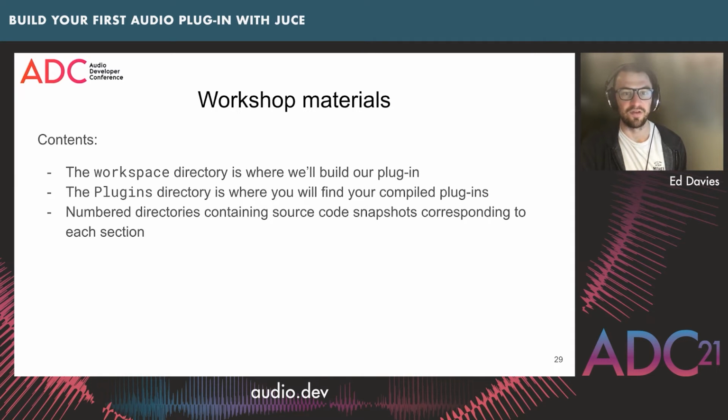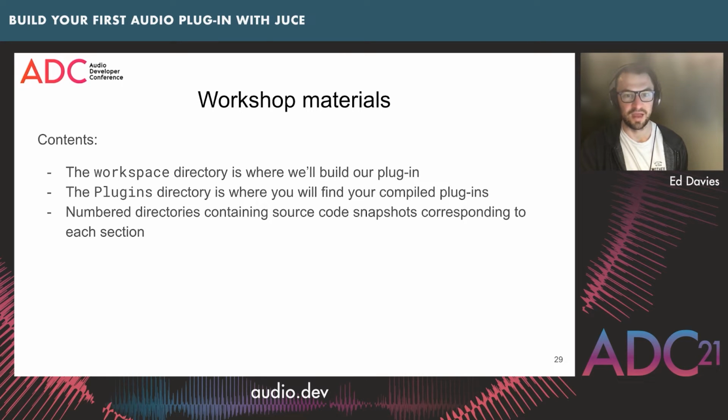And then we've got numbered directories that contain all of the steps for the workshop. And there is a plugins directory, which is where you'll actually find the compiled plugins after they've been copied over.